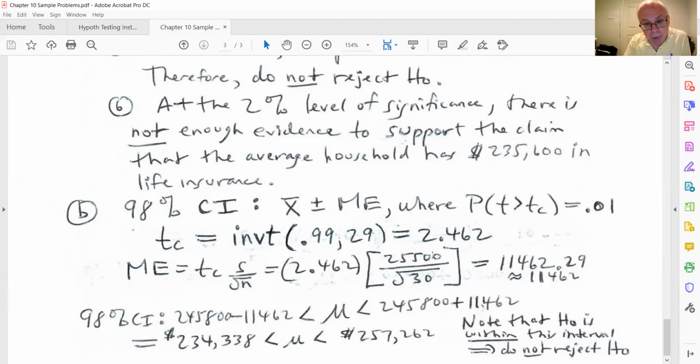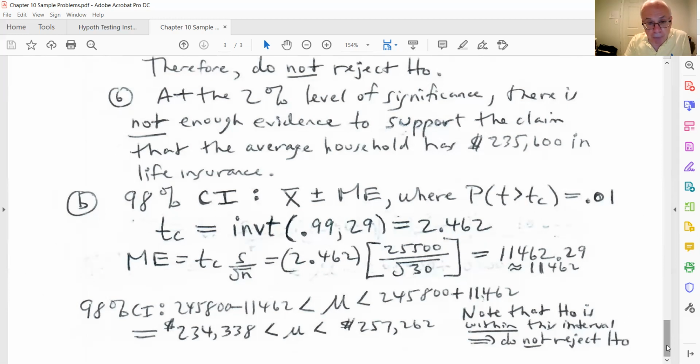Multiply that by S, the sample standard deviation, divided by the square root of 30, you get approximately $11,462 as our margin of error. You just round it. And then if you add and subtract that from the sample mean, 245,800, you'll get your confidence interval.